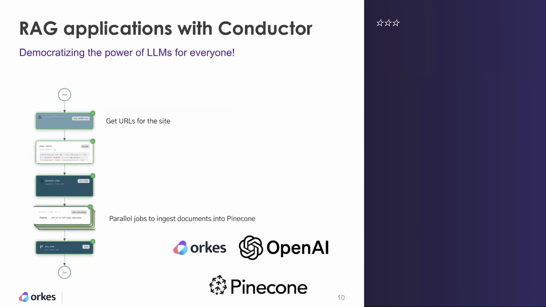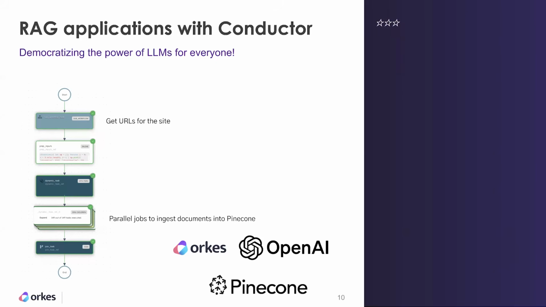So what I'm going to do is spend a few minutes talking about a real world use case. We talked about some of the aspects of Orkes and how it works. The best way to demonstrate is to see how it runs in a real world environment. So we built a simple search engine that works on Orkes' own documentation.